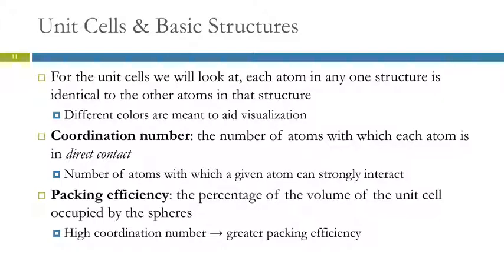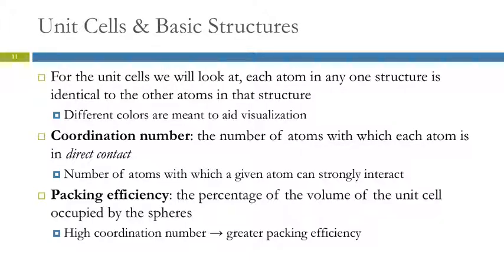So some numbers that we associate with unit cells. Coordination number: how many atoms each atom is in direct contact with. So one of the things that lowers the energy for a crystal is that the intermolecular forces are strong between neighboring atoms, right? So you get strong intermolecular forces due to nearness, and that lowers the energy.